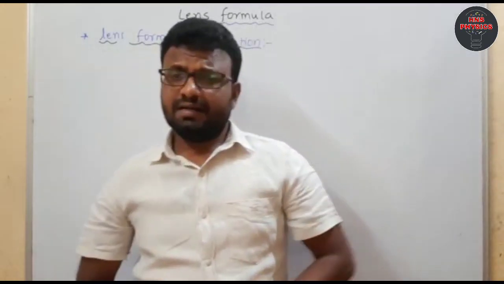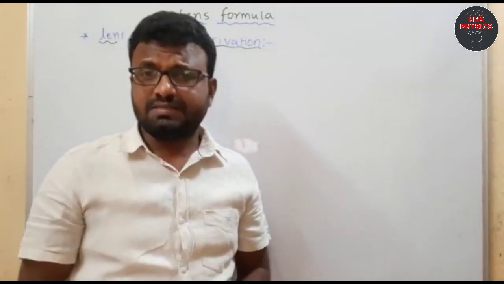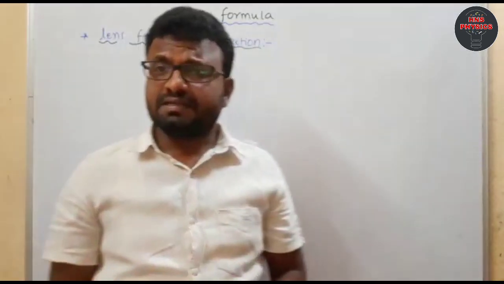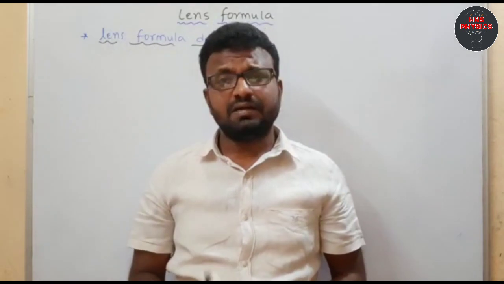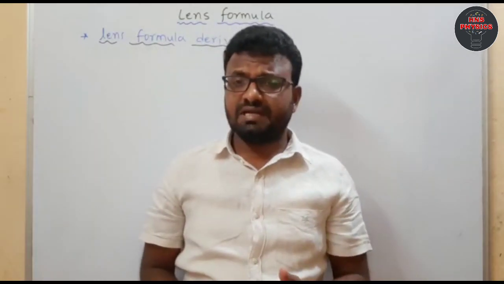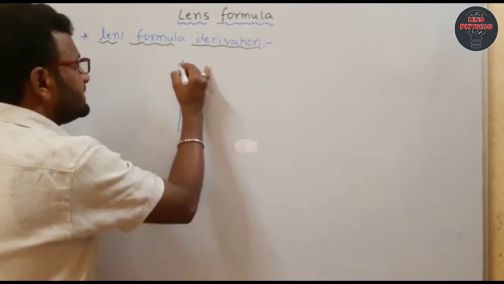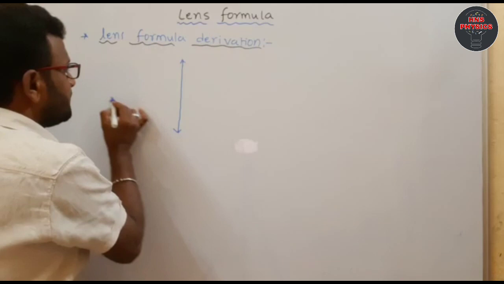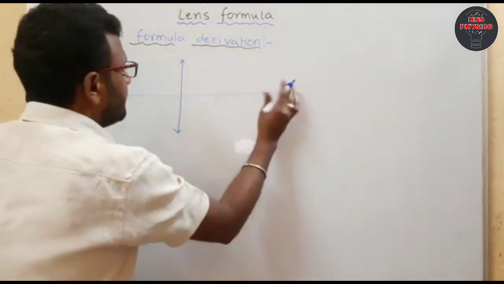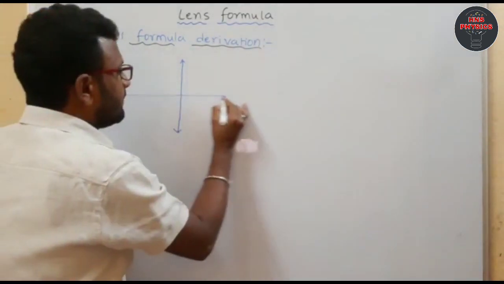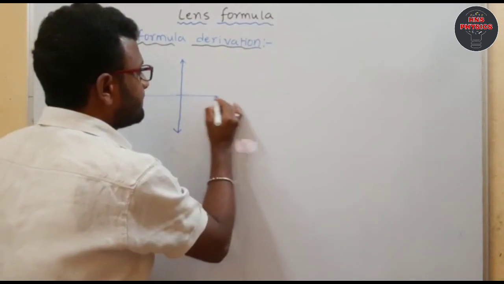To derive the lens formula, I am taking a convex lens or concave lens. The lens formula is the same for convex lens and concave lens. To derive it, I am going to take a convex lens. This is the convex lens, and this is the principal axis.